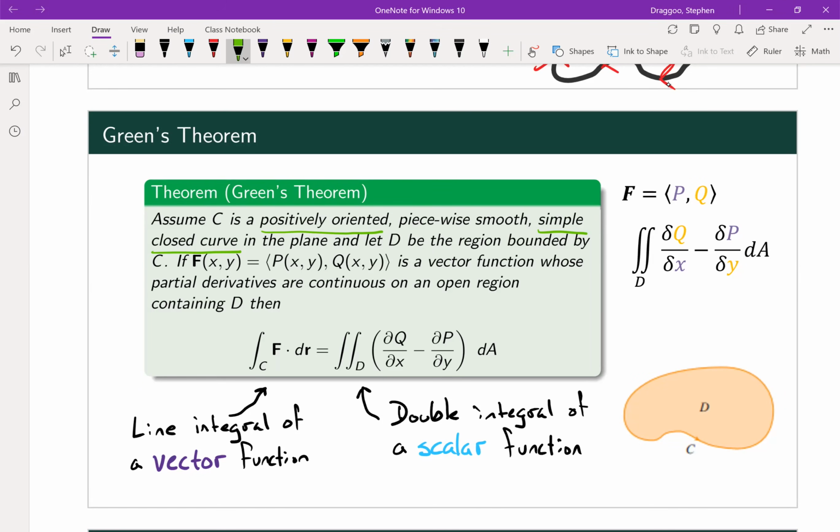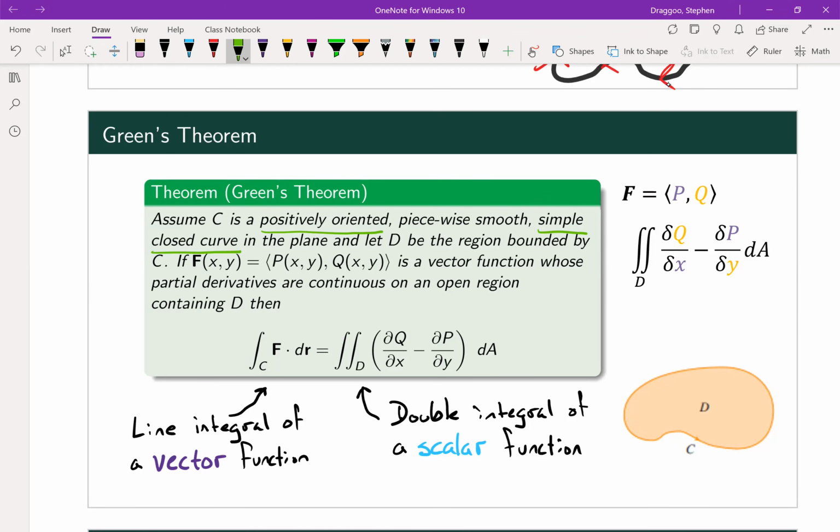Then we can apply Green's theorem, which is going to relate a line integral around the curve C to a double integral over that 2D region D. So relating a line integral about the boundary of some region to the double integral over the region.